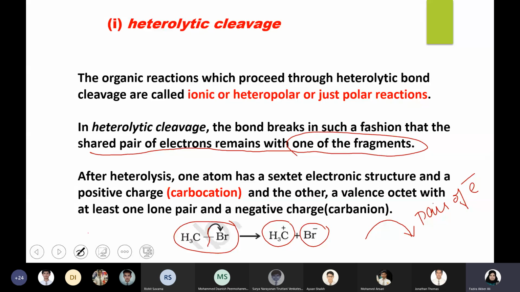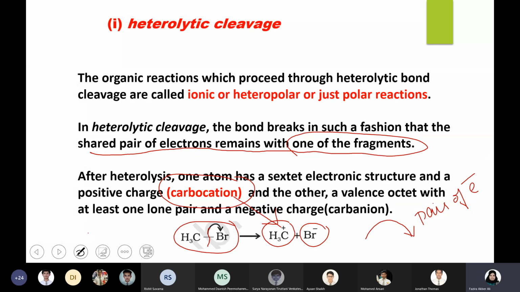After heterolytic cleavage, usually you will get a positive species and a negative species. If the fragment formed with a positive charge contains carbon, then we call it a carbocation. Cation is positive, so carbocation means carbon with positive charge. You can see in this example the formation of a carbocation.